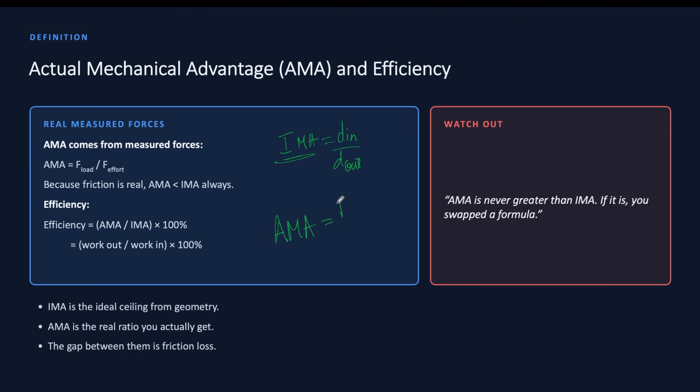So force of load over force of effort, or force out over force in, because these are always going to be greater than 0, right? I mean, most of the time, greater than or equal to 1. Most of the time, okay? Sometimes there are scenarios where machines trade force for distance, and they want more force instead of more distance. But we won't get into that right now.